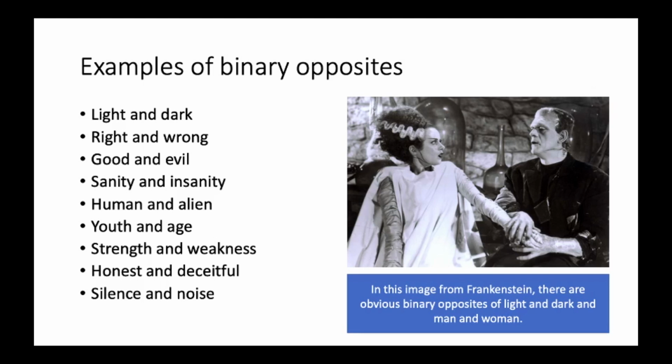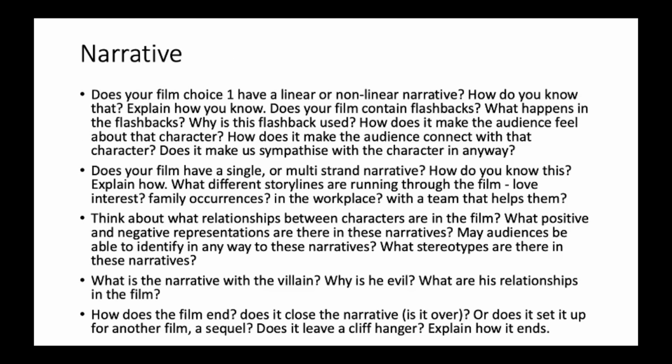So I'm going to take you now through the actual assignment slides themselves, because there are two. The first one is based on all of the narrative questions, it's full of narrative questions which we have covered in the first half of the lesson.